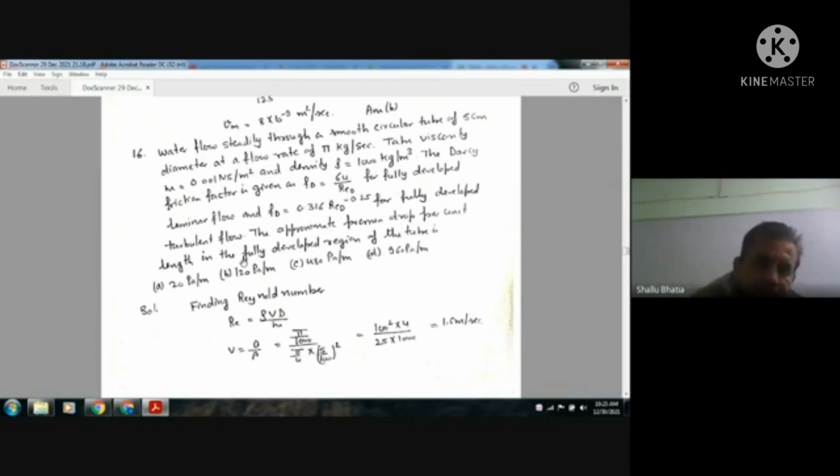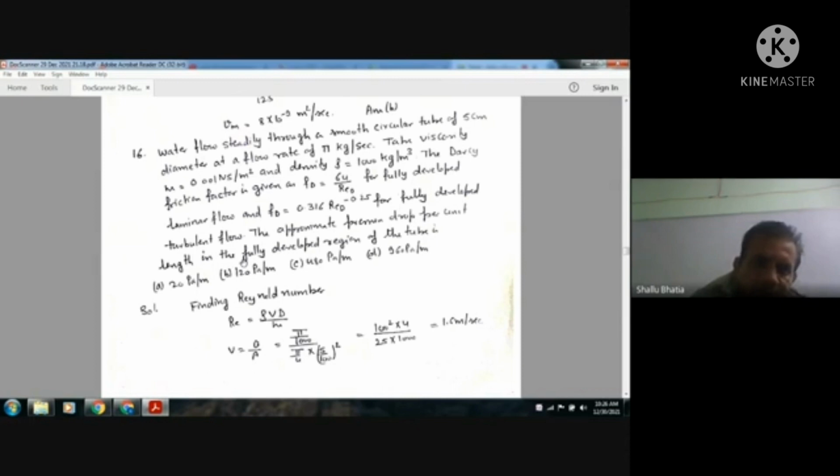The Darcy's friction factor is given as Fd is equal to 64/Red for fully developed laminar flow and Fd is equal to 0.316 Red to the power minus 0.25 for fully developed turbulent flow. The approximate pressure drop per unit length in the fully developed region of the tube is A 20 Pascal per meter, B 120 Pascal per meter, C 420 Pascal per meter, D 960 Pascal per meter.